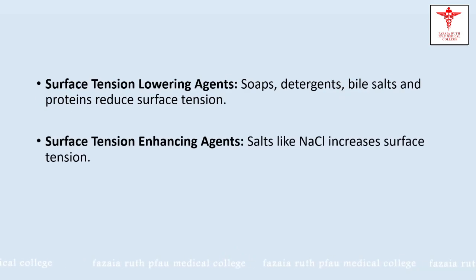Many agents tend to lower or enhance the surface tension. For example, soap, detergent, bile salts and proteins tend to reduce the surface tension, and salts such as sodium chloride increase the surface tension.